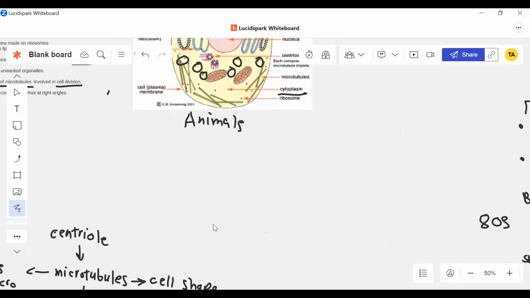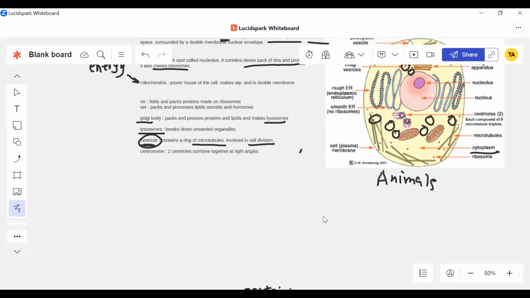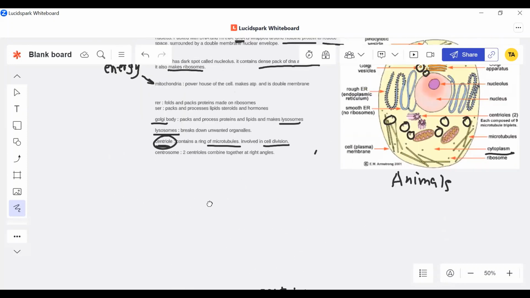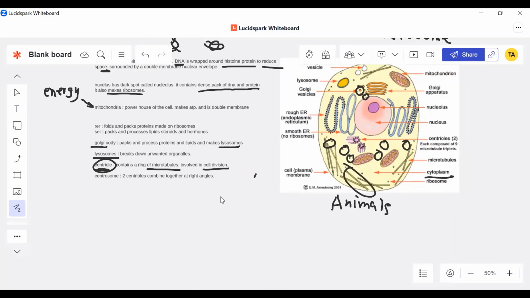Now, I told you the second organelle, which is the centriole, is also very important. And this is a very popular question, the microtubules, which will come. You need to know what the centrioles are made up of. So the centrioles are made up of microtubules. Now, what are microtubules? These rods that you see here are called microtubules.